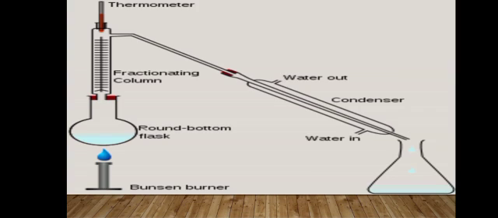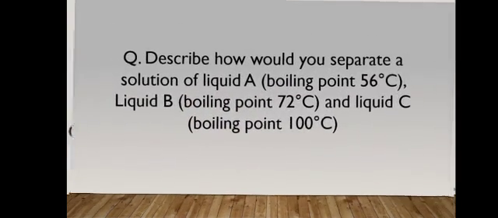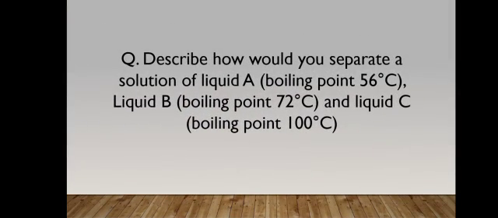Is that clear? With the process of formation of steam and then condensing, I will collect liquid B at the boiling point of 72 degrees Celsius. When it has been collected, I will remove the flask again and then place another flask and continue heating the mixture.